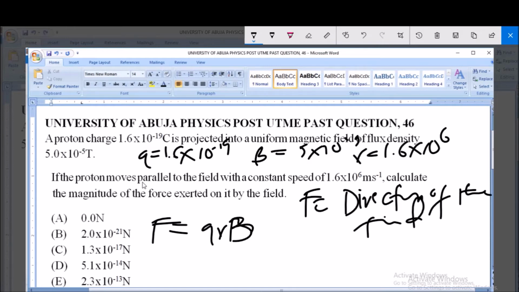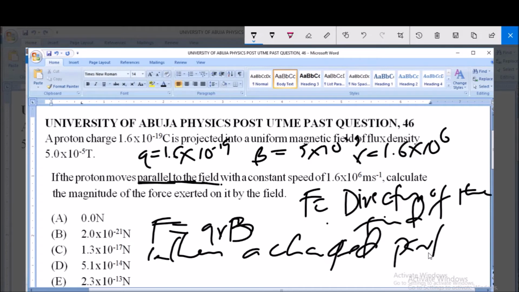So when a charged particle moves parallel to a field, there is no net force acting on it by that field. So no force is exerted on it by the field.